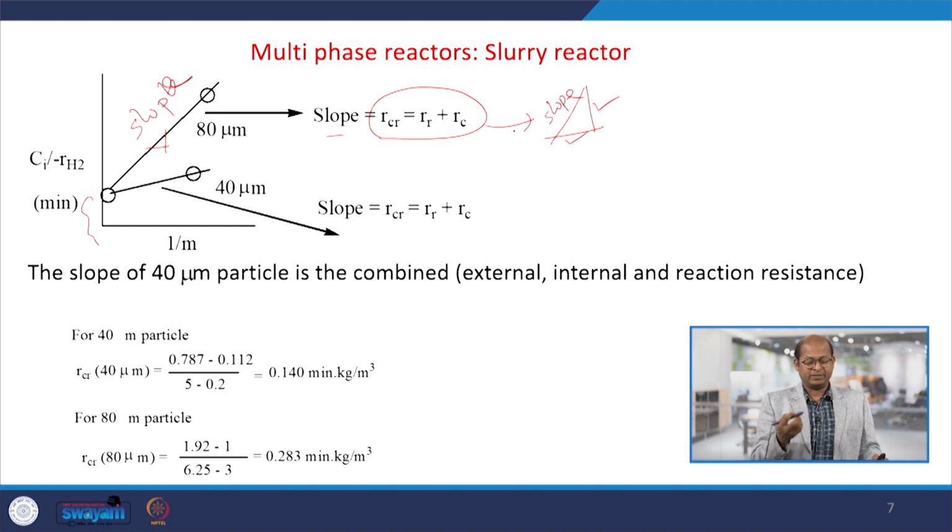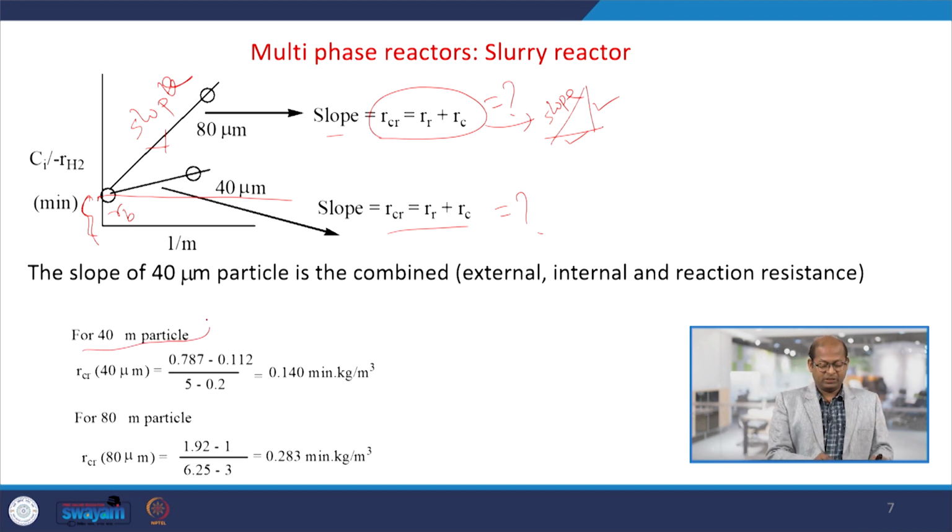We can get a numerical value for the slope for the 80 micron particles, and similarly for the 40 micron particles. The intercept for both particles is the same, since the gas liquid solid system is the same. So here the absorption resistance RB comes to this, and if you know this numerical value we can find RB.